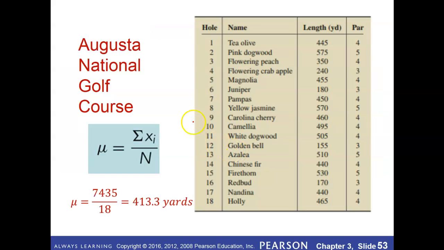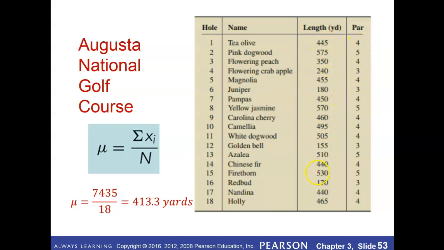Just real quickly, if we look at Augusta National Golf Course, which is a famous golf course in Georgia, you have 18 holes, and each hole has a name, a length in yards, and a par.